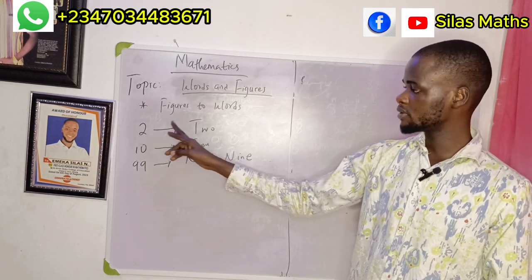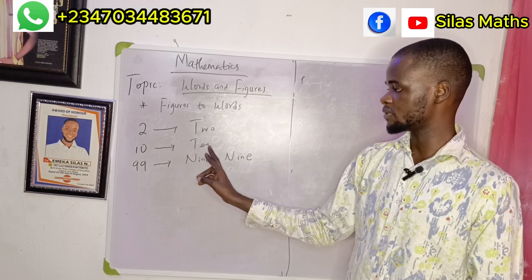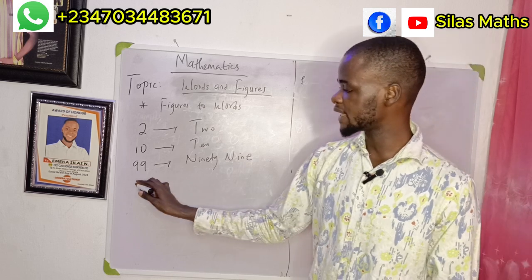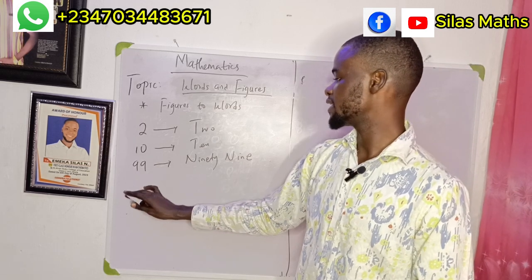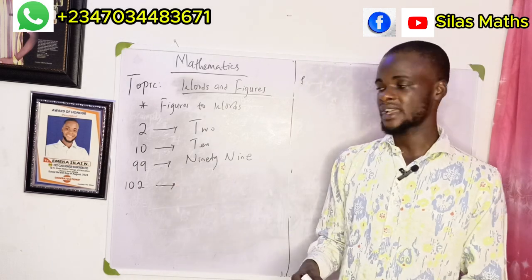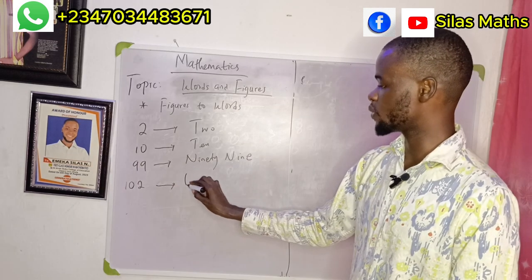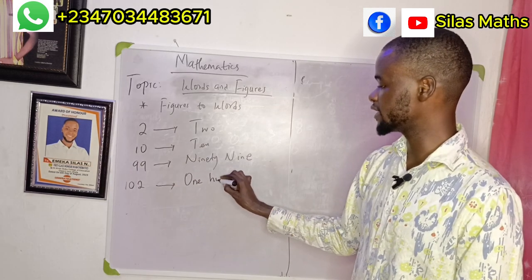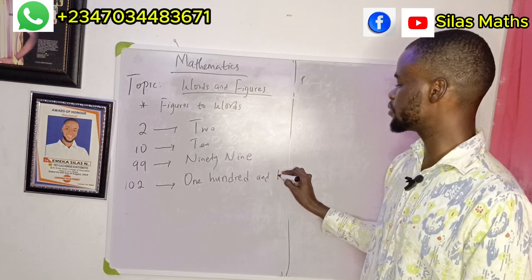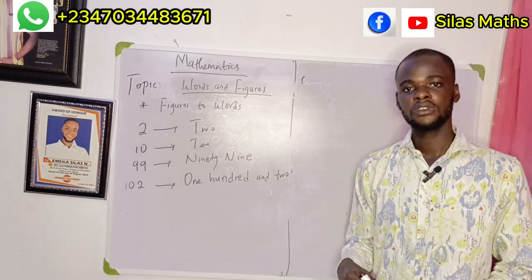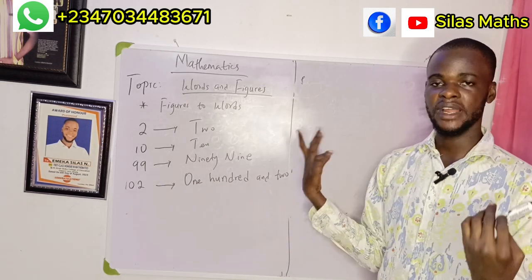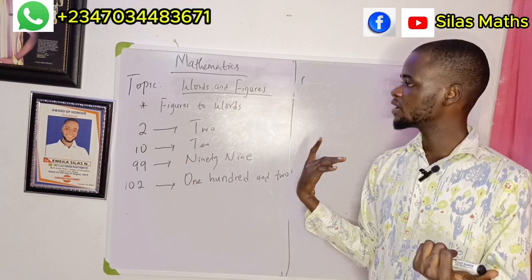This is the figure, this is the words. We can also write, let's say, 102, and express it in words like this. So we can go ahead and write other numbers in words.